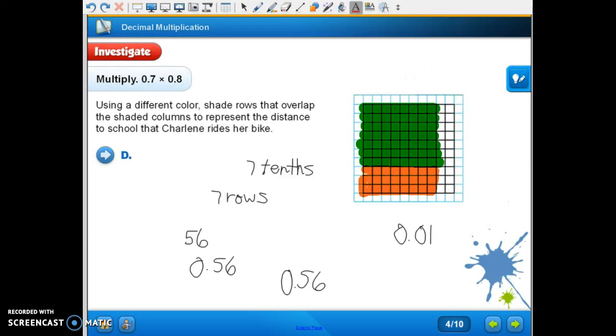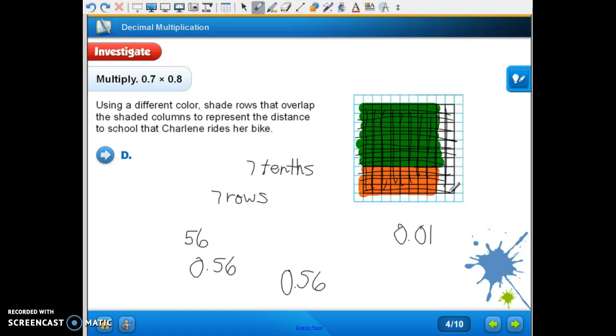So if we go back and look, we can see that we did 10 columns in our square, and then we did 10 rows. And so when we divided that into those smaller chunks, each one of those small squares is 1/100th.